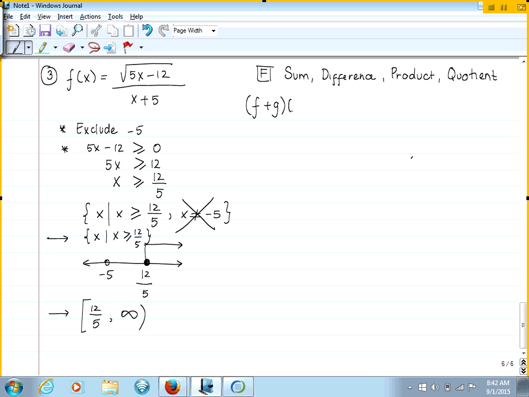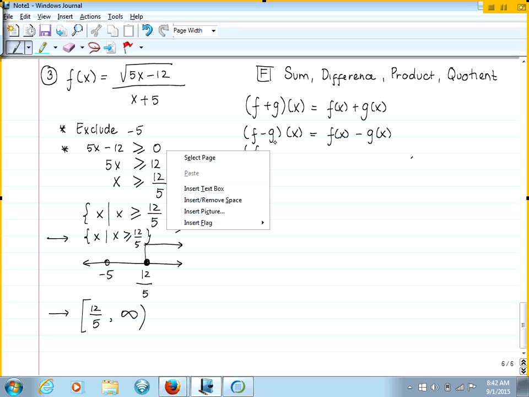So the sum is f plus g of x, which is equal to f of x plus g of x. I mean, you guys know this. This is the difference. f minus g of x is f of x minus g of x.